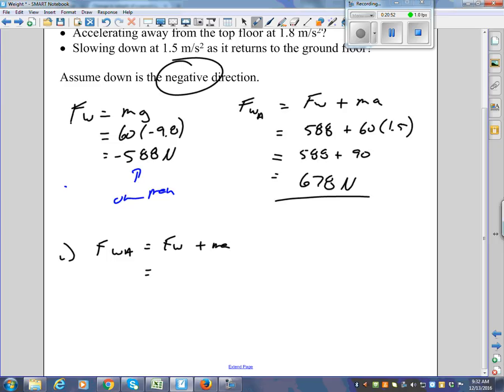So that's going to be 588, and it's going to be minus 60 times this time 2. What's that going to be? 468.